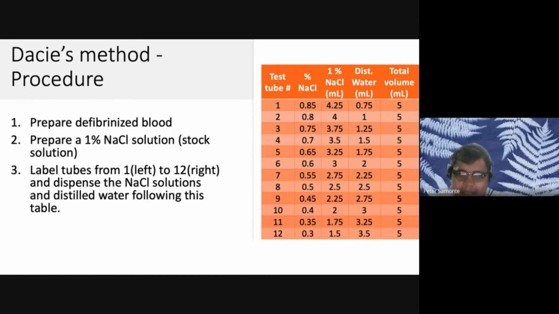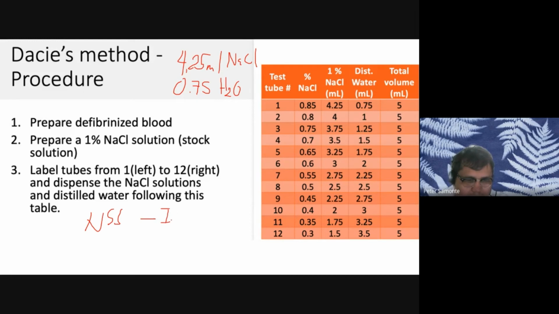Your tube 1, class, has 4.25 ml NaCl, while it contains 0.75 H2O. What did I say, class? Your NSS or your NaCl is isotonic. When it is isotonic, class, there is no hemolysis.